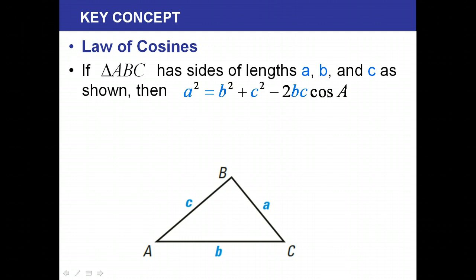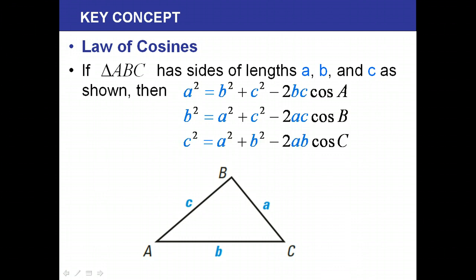Notice this is sort of involved with the Pythagorean theorem. b squared will always equal a squared plus c squared minus 2 times ac times the cosine of B. And c squared is a squared plus b squared minus 2ab times the cosine of C. So notice this pattern follows where when I'm looking for a, the square of it is equal to the sum of the squares of the other two sides minus twice their product times the cosine of the angle across from the side I'm looking for.